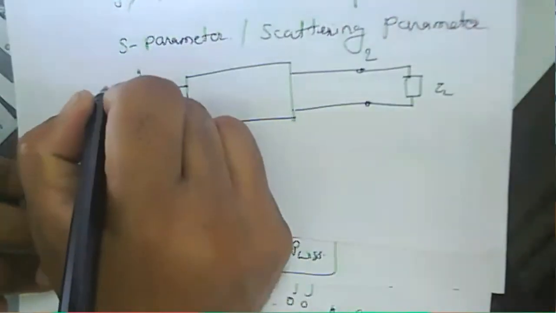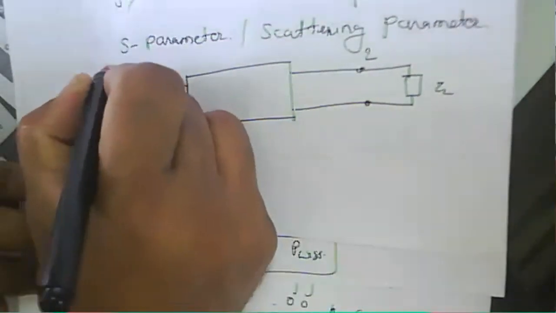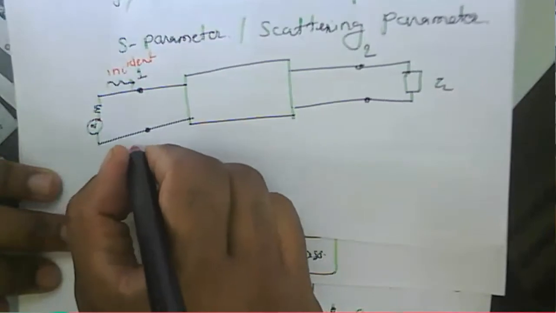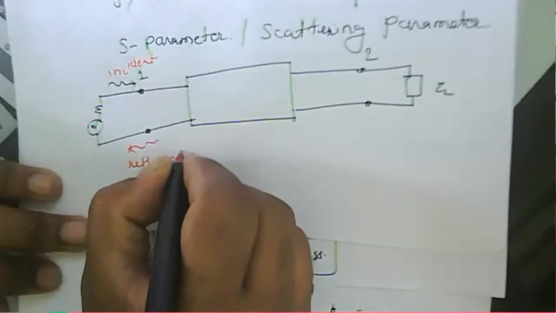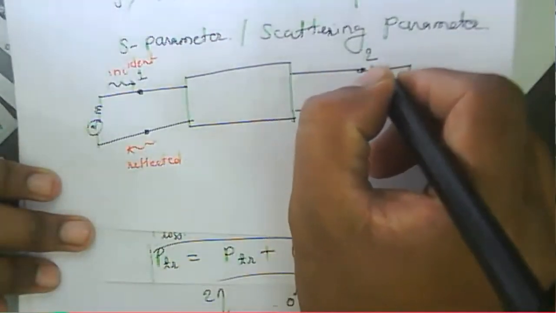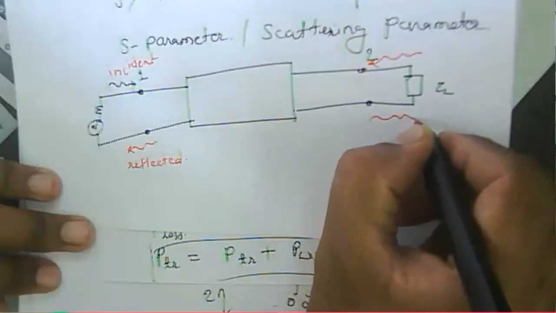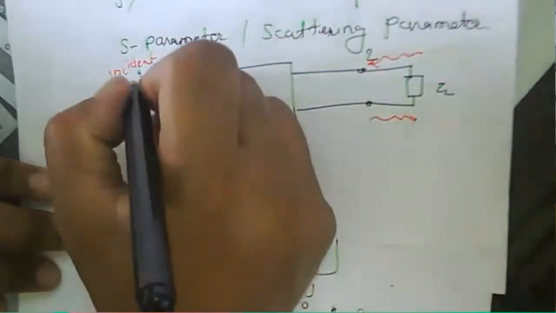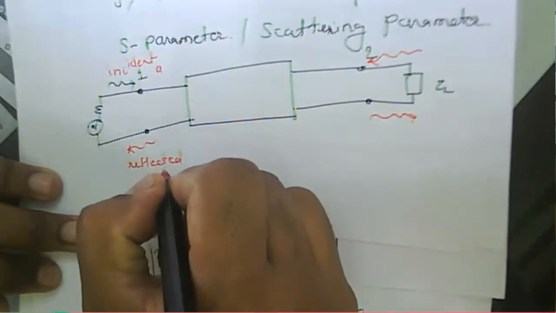So what will be the incident wave, and what will be the reflected wave at a given particular port? We can obtain that for a given particular port.